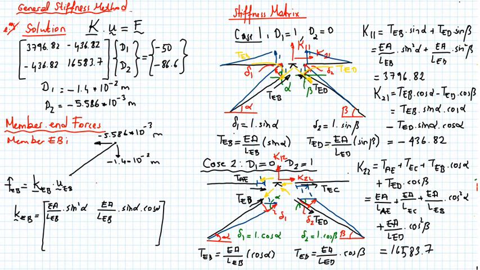So when you put the equations in their place, I got EA over LEB sine alpha cosine alpha, and here EA over LEB times cosine square alpha will be the stiffness matrix for me.